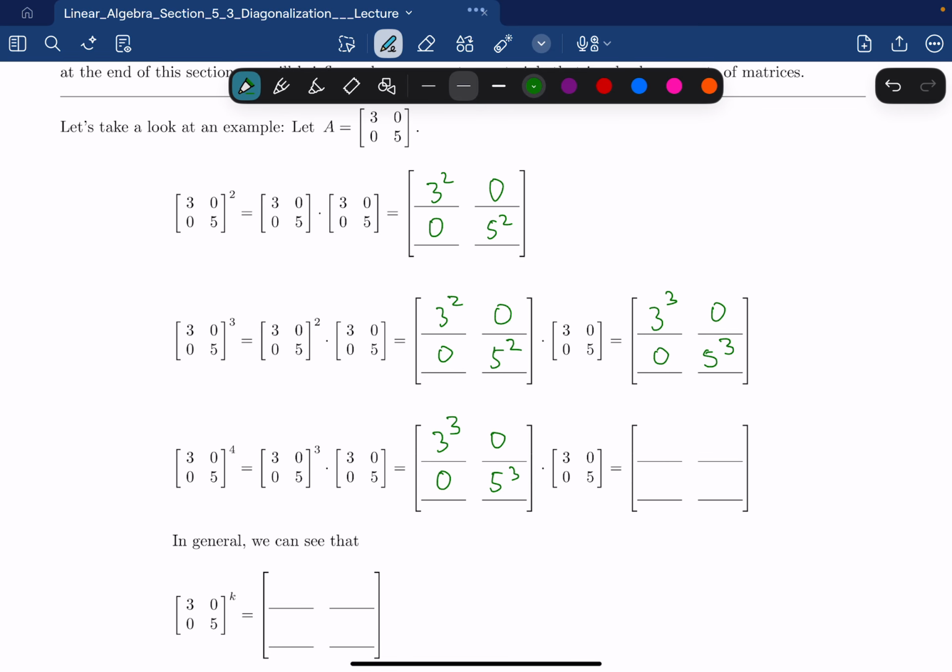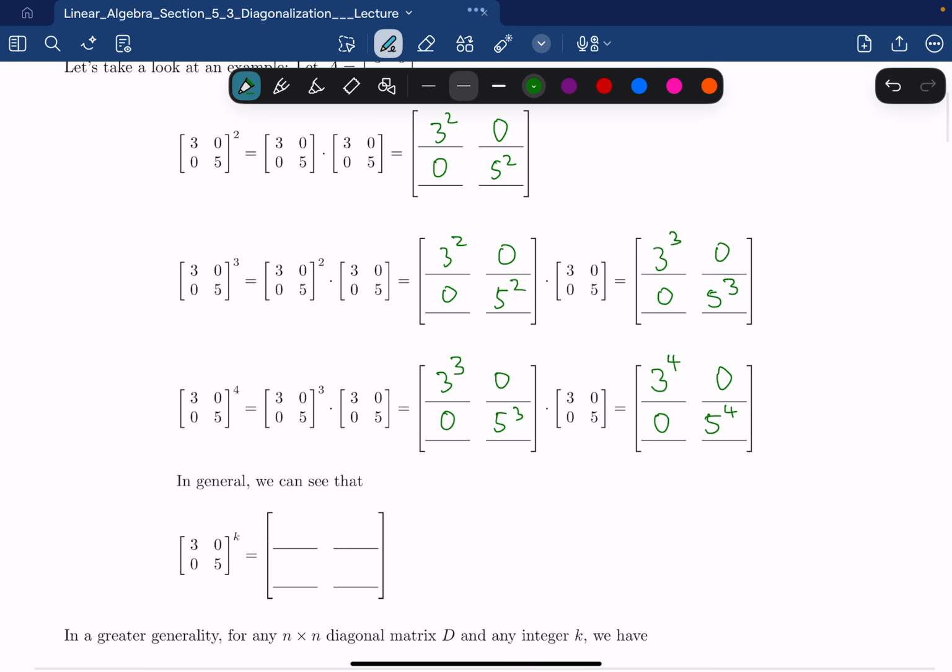So we just get 3 to the fourth power here, and a really simple operation gives us 0, 0, 5 to the fourth power. You can see that in general, if we take the matrix A and raise it to the kth power, we simply need to raise the main diagonal entries to the kth power, and everything else is still 0, so we just leave it as 0.